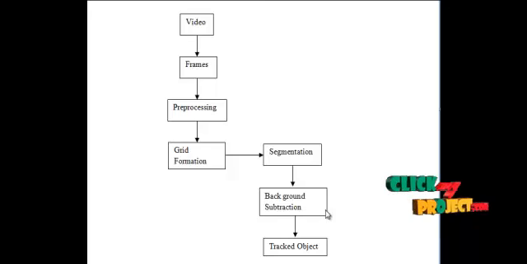For background subtraction we use the frame differencing method. So we subtract the frames from the empty background so that we get the foreground object, and based on the obtained foreground object we track the persons in the video by measuring their height, center position and so on. So finally we are tracking persons in the video.